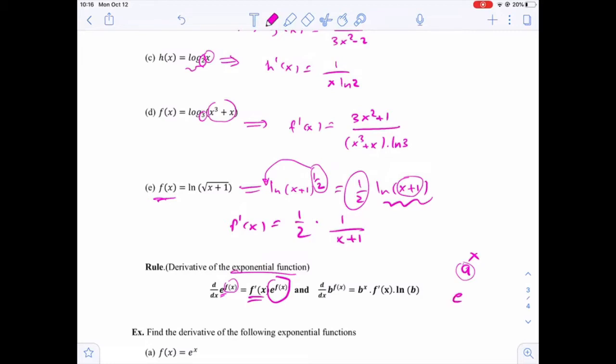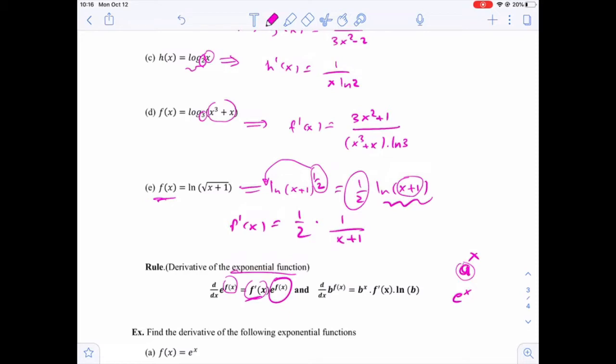Sometimes a is e, 2.718, etc., so we write it as e to the x. So this is an exponential function. Now, if it's e to some power, then the derivative is f prime times the same exponential function.